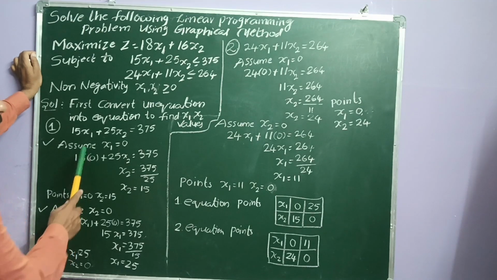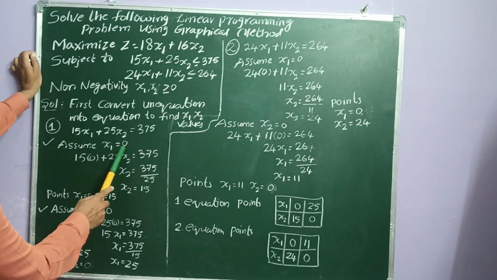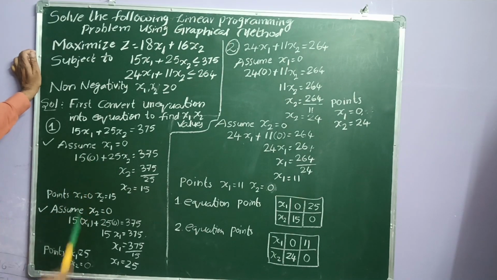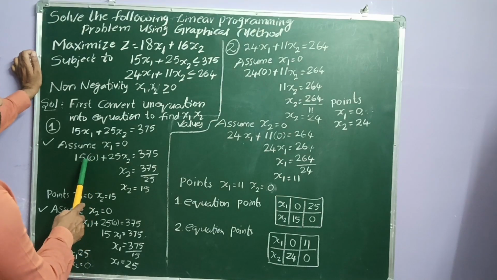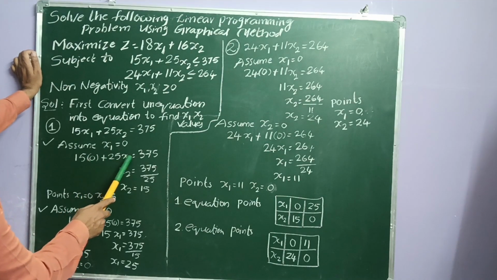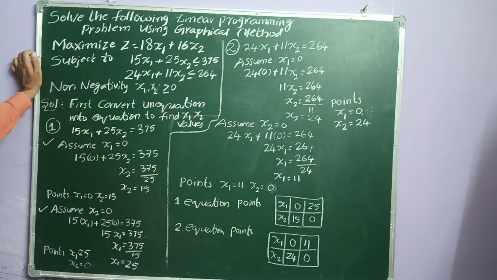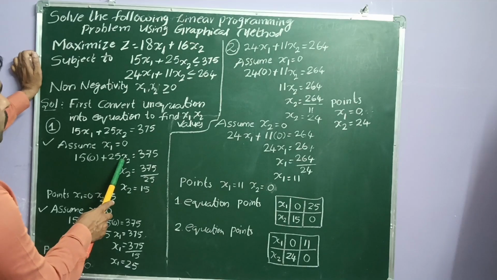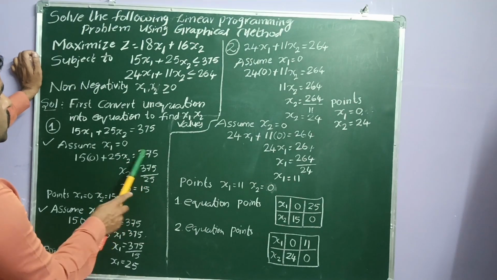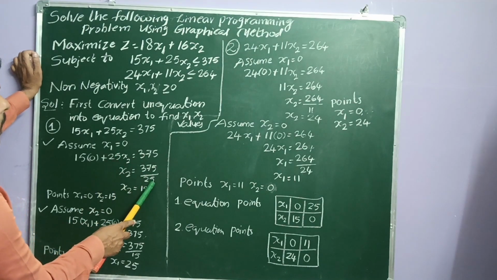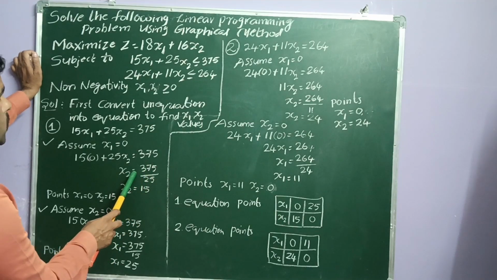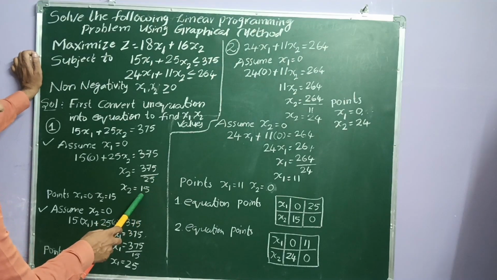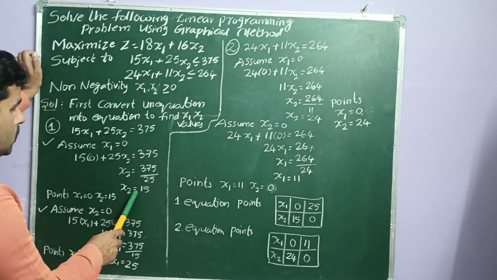Next, assume x1 equals 0. Then 15 into 0 plus 25x2 equals 375. 15 into 0 is 0, so 25x2 equals 375. So x2 equals 375 divided by 25. 25 fifteens are 375, so x2 equals 15.